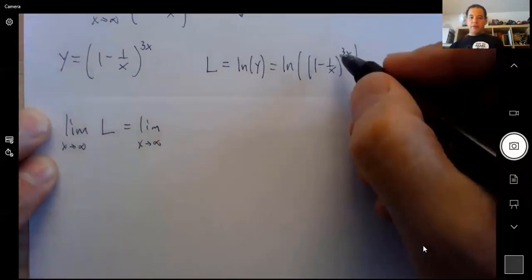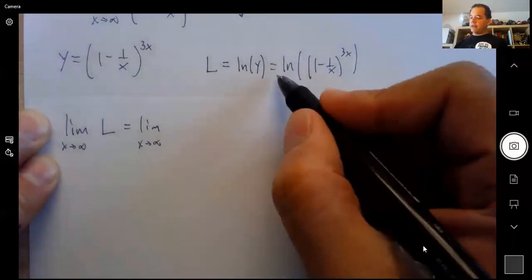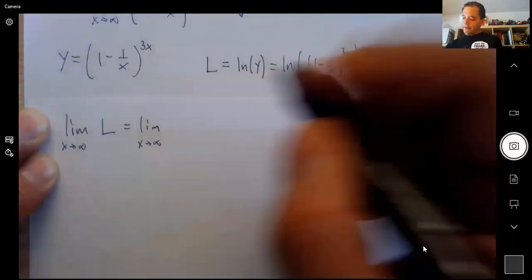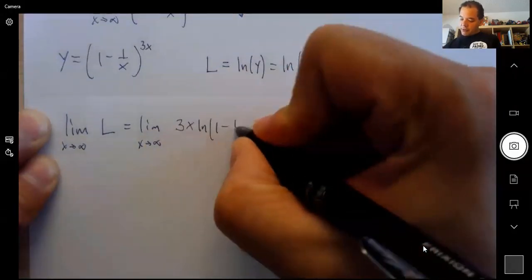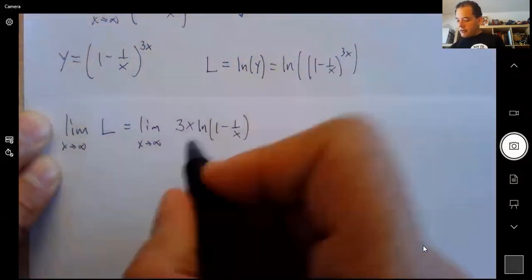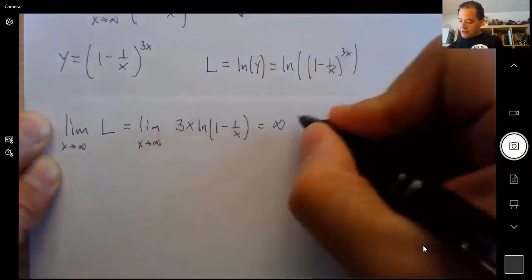And the nice property of the logarithms is, again, that the 3x can come out and is not an exponent anymore and comes out of the logarithm. So this is 3x ln of 1 minus 1 over x, right? And then you analyze this one. See, now this is infinity. 3x goes to infinity.